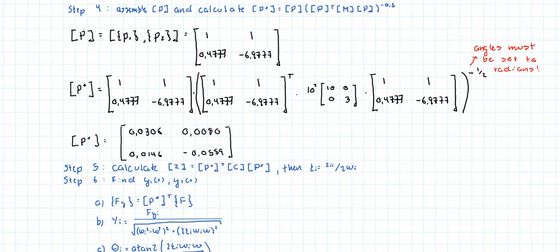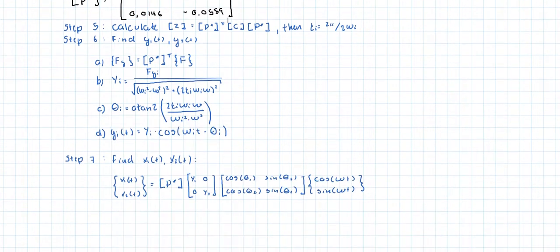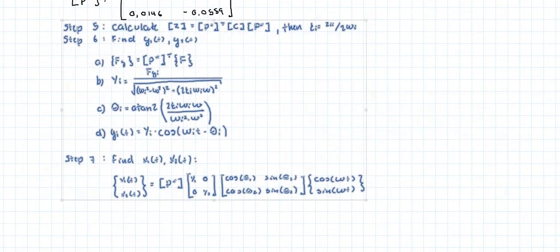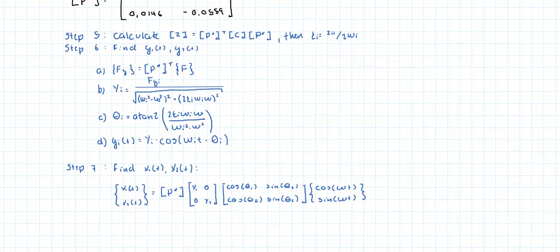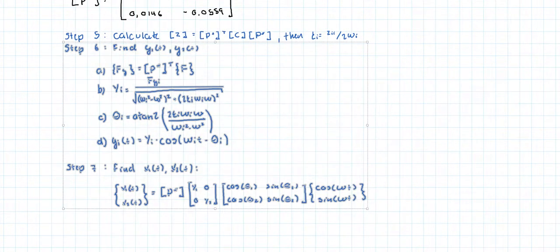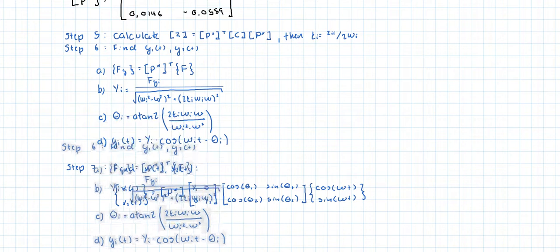Okay, so step number 4 is done. We're going to go to number 5, in which we're going to calculate the normalized damping matrix.